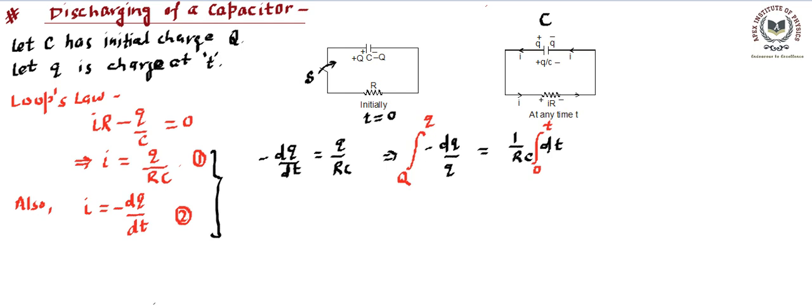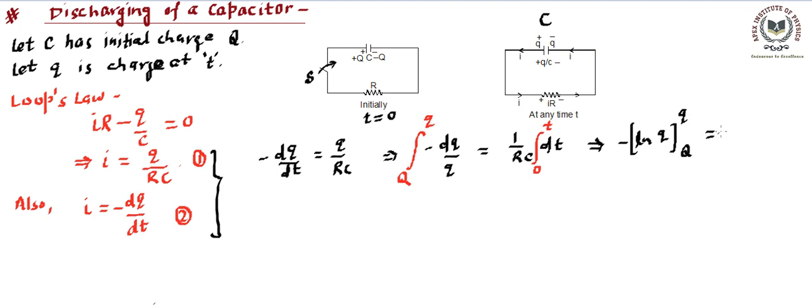Now we can make this integration. We will find this is going to be minus ln small q, with limits running from lower value to higher value, that means capital Q to small q.